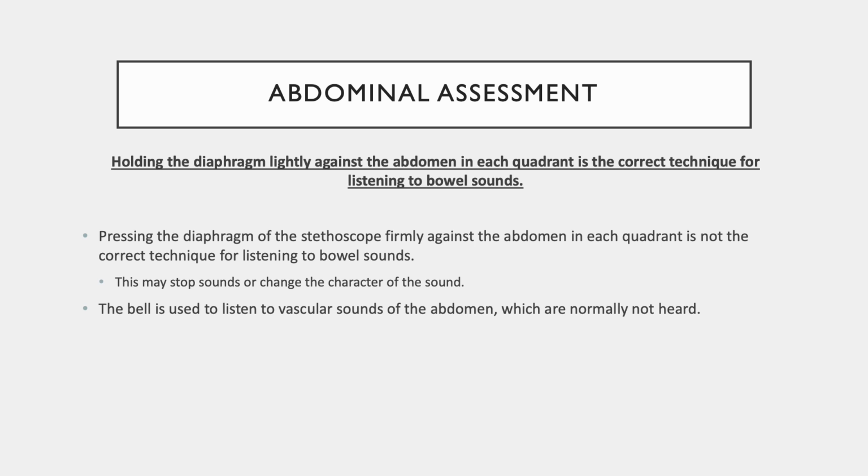And then you need to know the bell is specific for listening to sounds of the vascular area of the abdomen, which usually aren't heard. That would be indicative of something like an AAA, an abdominal aortic aneurysm. If we had some type of tertiary sound associated with that, that would not be a good thing. So let's go to the next slide.